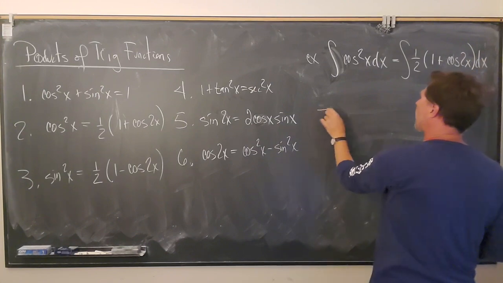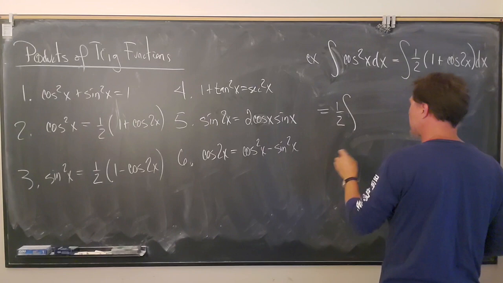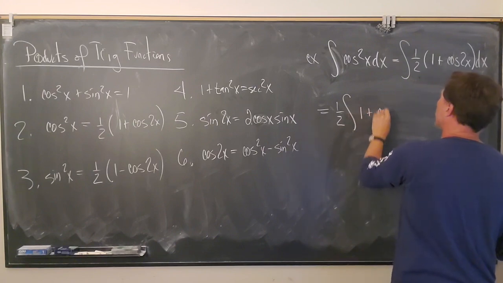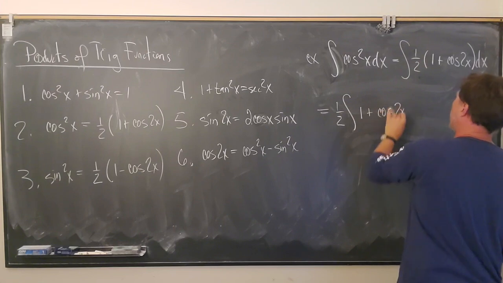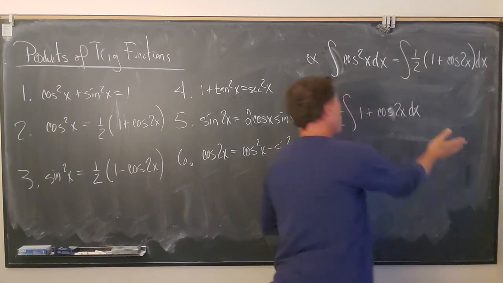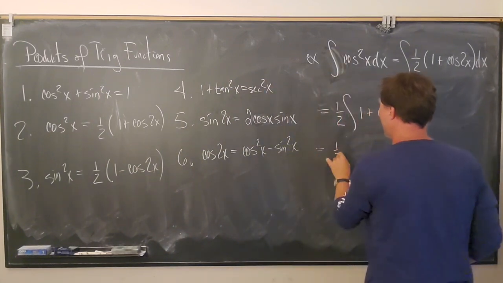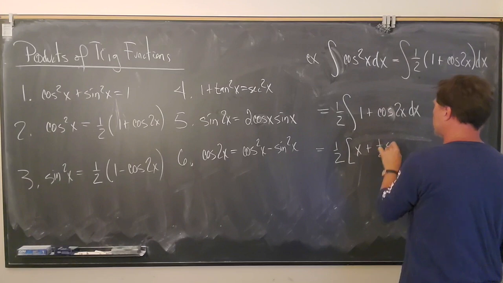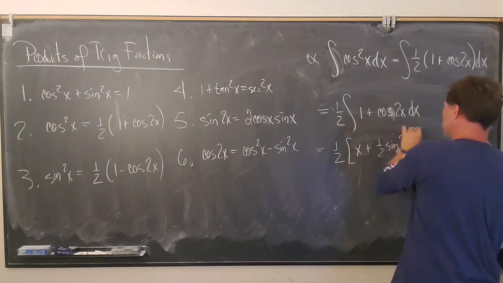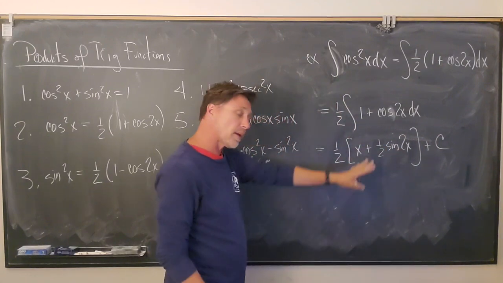And then when we simplify things, I'm going to pull the 1/2 out and write this as a 1 plus cosine 2x. And now what we have is an easy integrand, right? So this comes out to be 1/2 times x plus 1/2 sine 2x plus c. If you like, you can simplify this a little bit, but there's the answer.